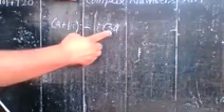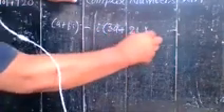Write: if a plus b minus i times of 3a plus 2b is equal to 5 plus 2i.